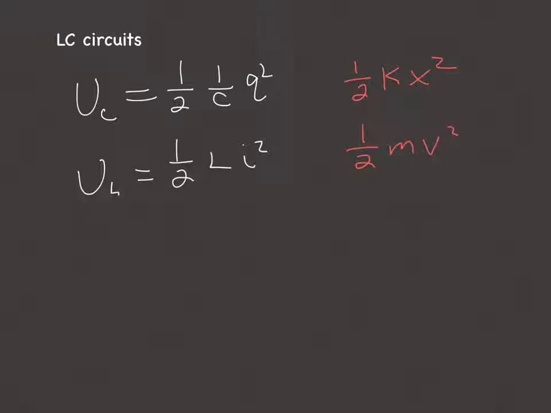From the image of the cycles of the oscillation, which had the energy bar graphs, you can see that the total energy never changed. The initial energy would have been whatever was stored on the capacitor, and that would be the total.